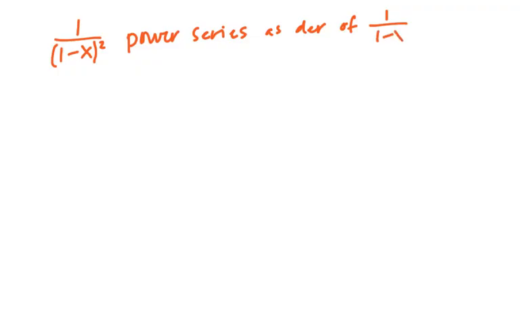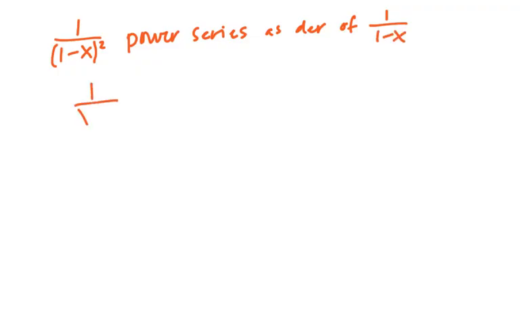It says express 1 over 1 minus x squared as a power series by differentiating the equation that we start with. So it's the derivative of 1 over 1 minus x.